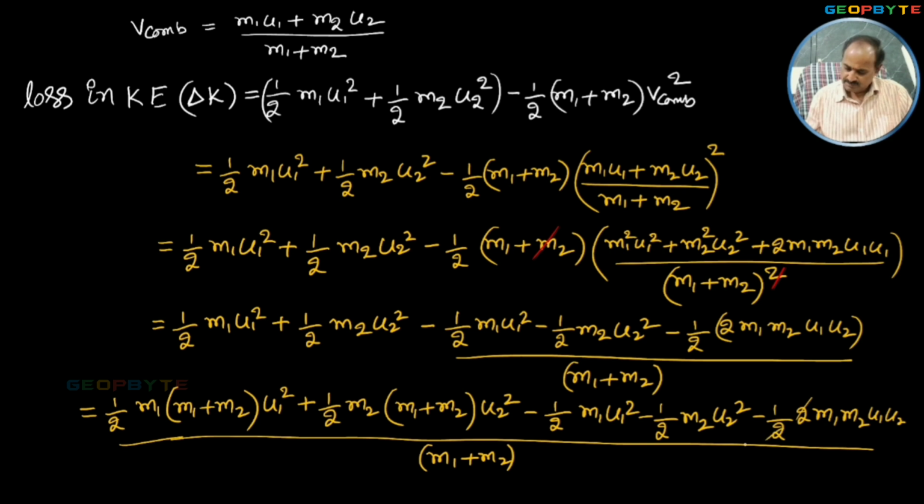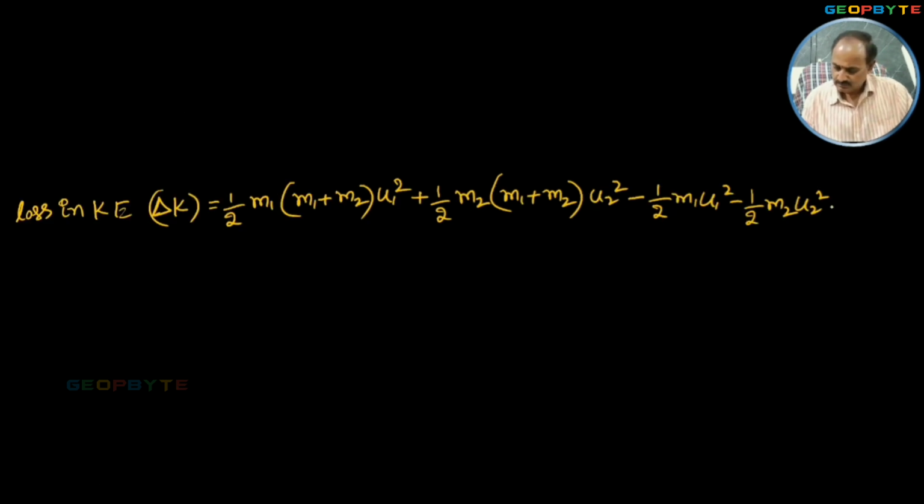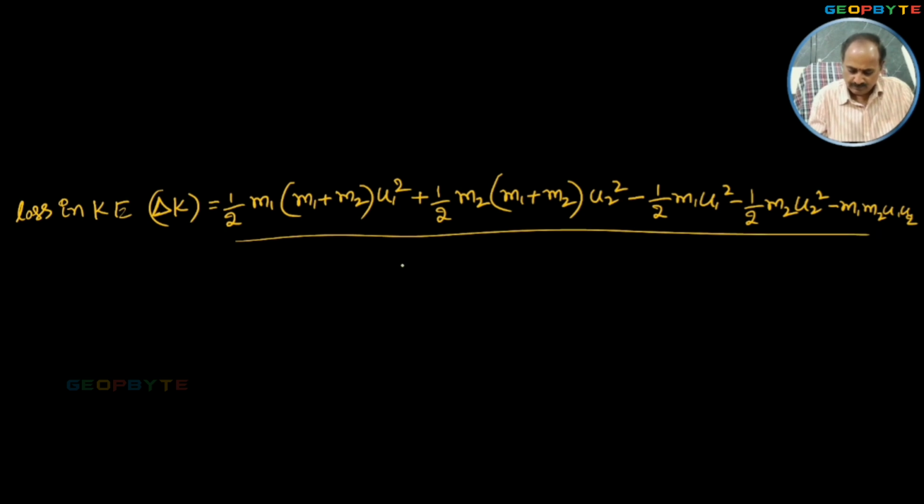This 2 cancels, minus m1 m2 u1 u2, whole thing divided by m1 plus m2. Should be very careful.